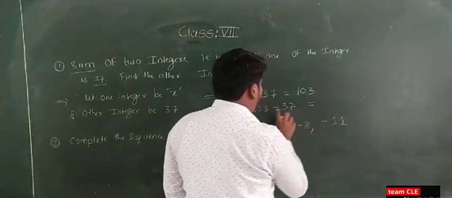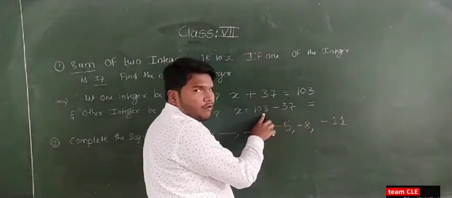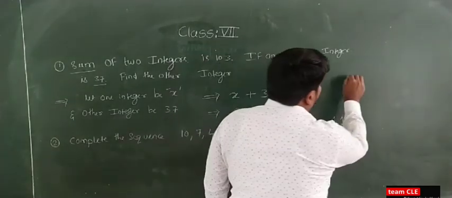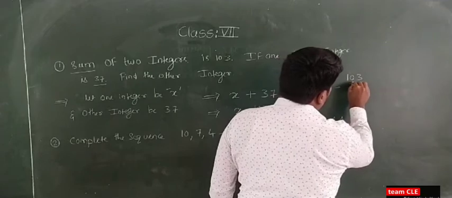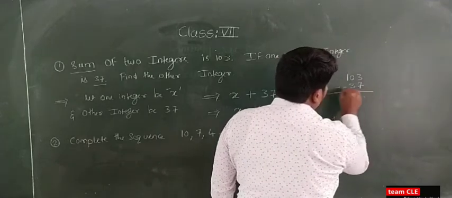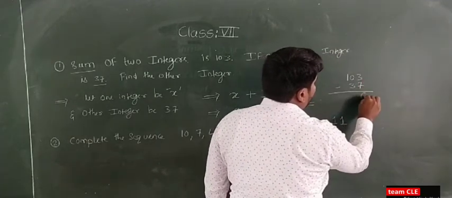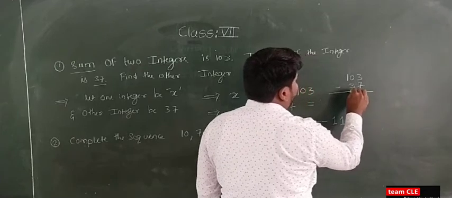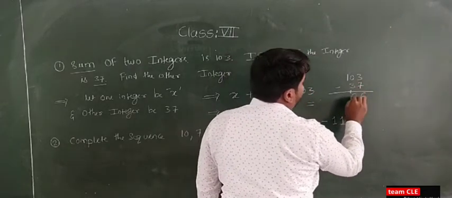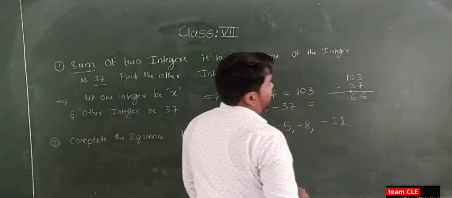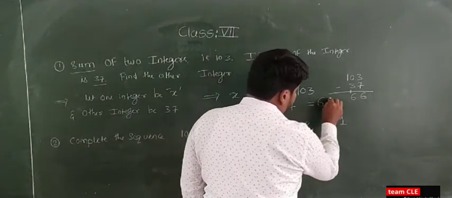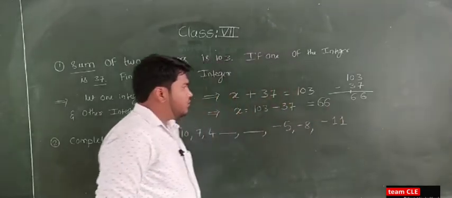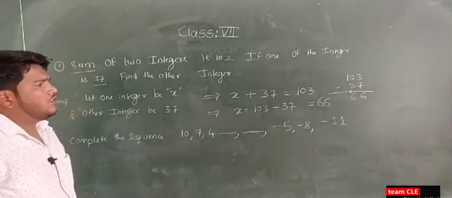All of you know the subtraction operation, since you have studied it in your previous classes, so just subtract 103 minus 37. Okay, so now see, 13 minus 7 is 6. Again one carry here, so 10 minus 4 is 6. That is 103 minus 37 is 66. Okay, so x is equal to 66.